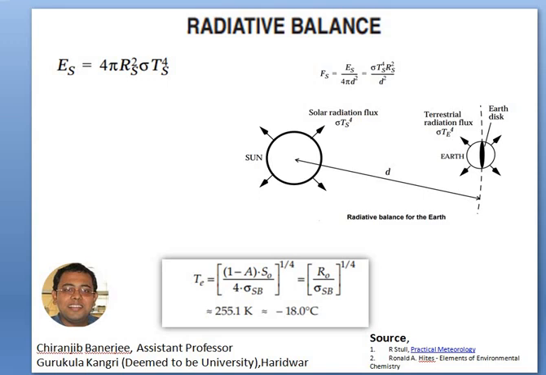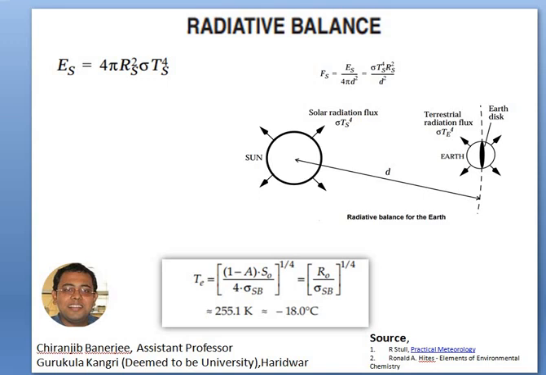The energy that is emitted by the sun is actually the surface area times the flux. We have two different terms, Ts and Te. Ts is the temperature of the sun and Te is the temperature of the earth.